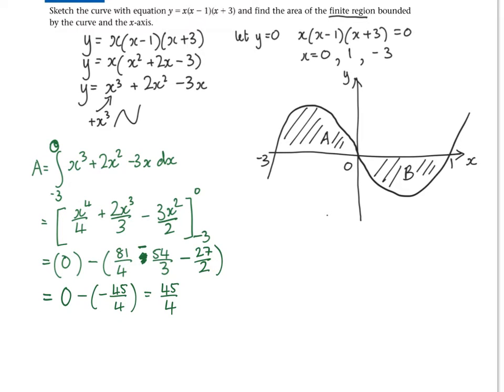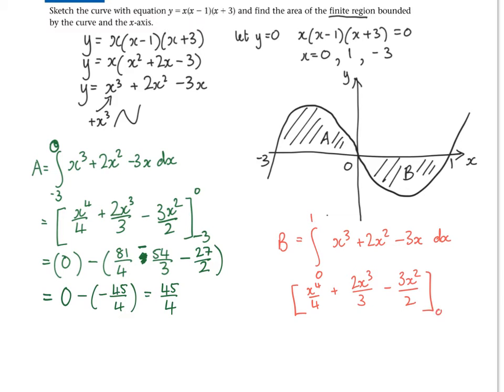Looking at B, it's going to be the integral from 0 to 1 of the same thing, x cubed plus 2x squared minus 3x dx. And then if we put that into a square bracket, x to the 4 over 4, 2x cubed over 3, 3x squared over 2.